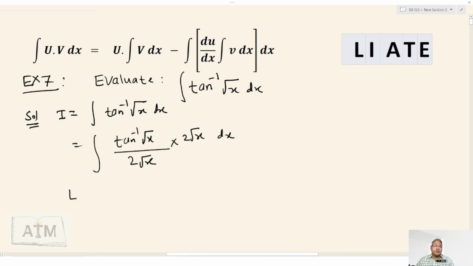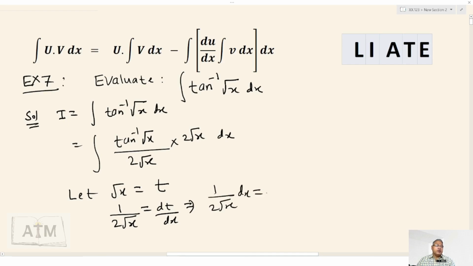Now by substitution method, let root x equals t. So derivative of root x is 1 upon 2 root x equals dt by dx, implies 1 upon 2 root x dx equals dt.